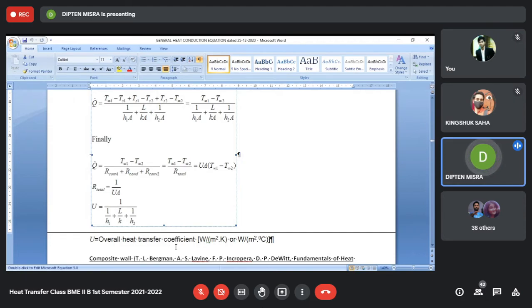This is called the overall heat transfer coefficient, having a unit of watt per meter square Kelvin, and the value will be the same in watt per meter square degree centigrade, because this Kelvin is not because of any one temperature, but because of temperature difference. Now the temperature difference between two values will be the same whether you take both of them as Kelvin or both of them as degree centigrade.